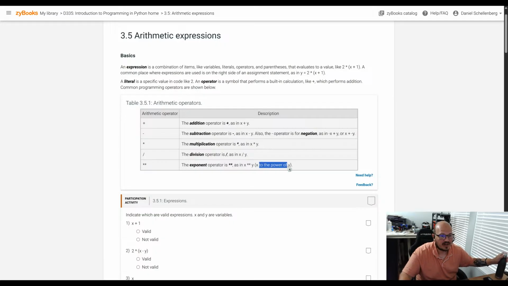It even says it right here. So easy here: addition and subtraction are the 2 lowest priorities, then the multiplication operator and the division operator, which are both on equal priority, and the exponent operator, which is the two asterisk signs. So x double asterisk y is the same as x to the power of y.